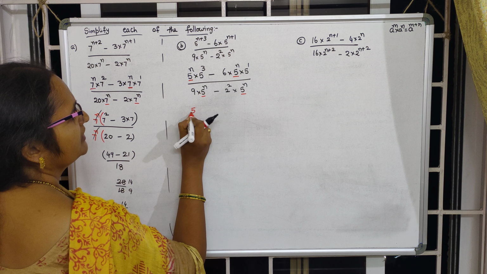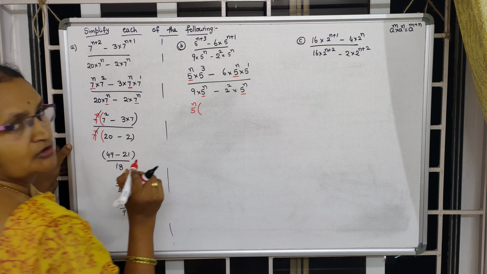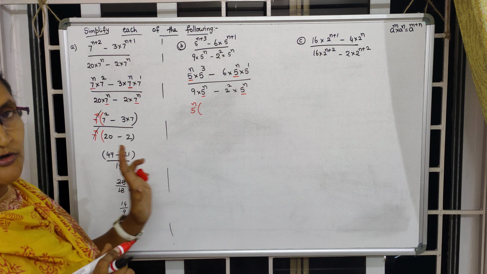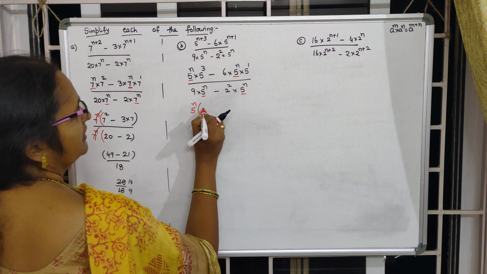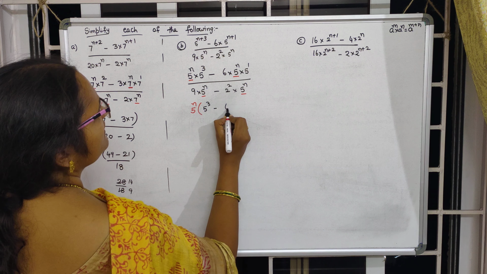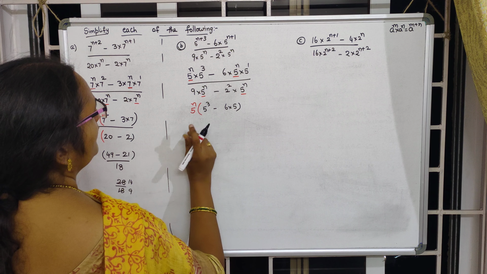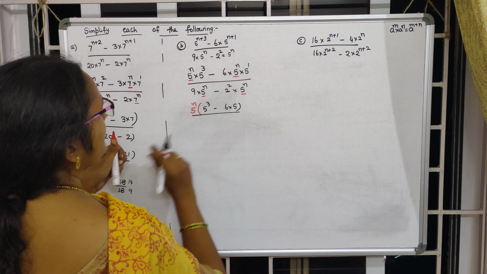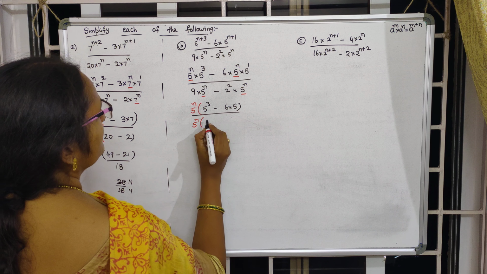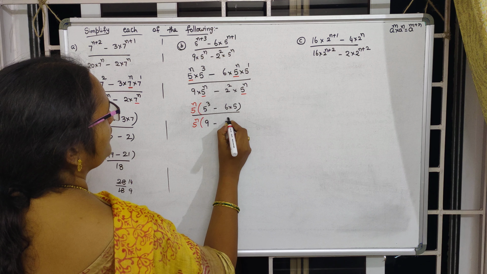In the numerator I am taking 5 to the power n out common. Don't try to cancel this 5 to the power n and 5 to the power n directly; it is not possible, and it is wrong. So here you are left with 5 cube minus 6 times 5, upon, if you take out this 5 to the power n common, 9 minus 2 square.